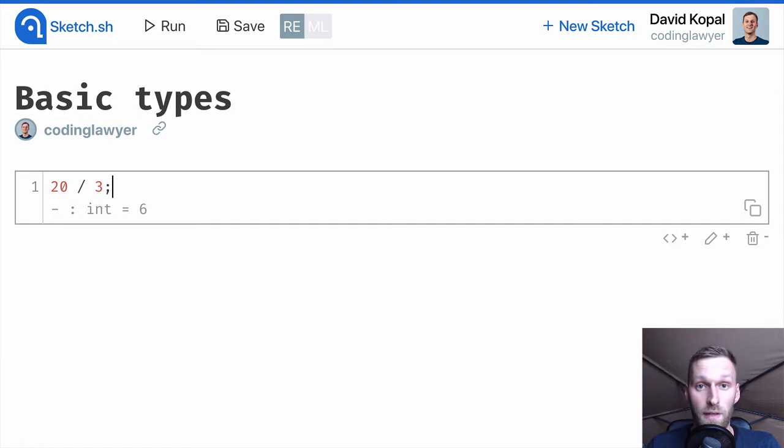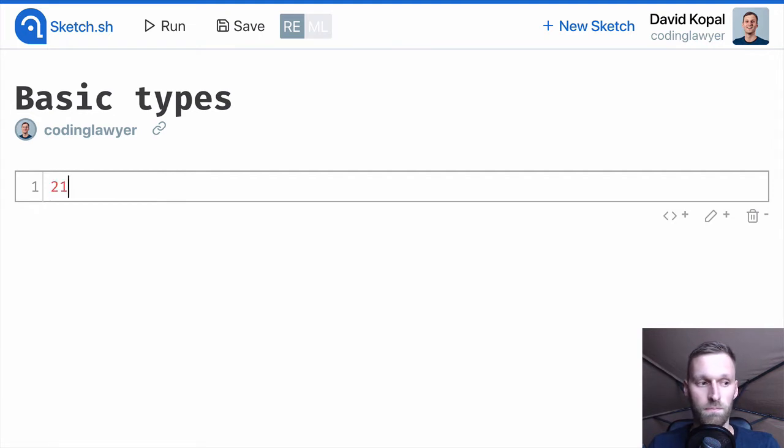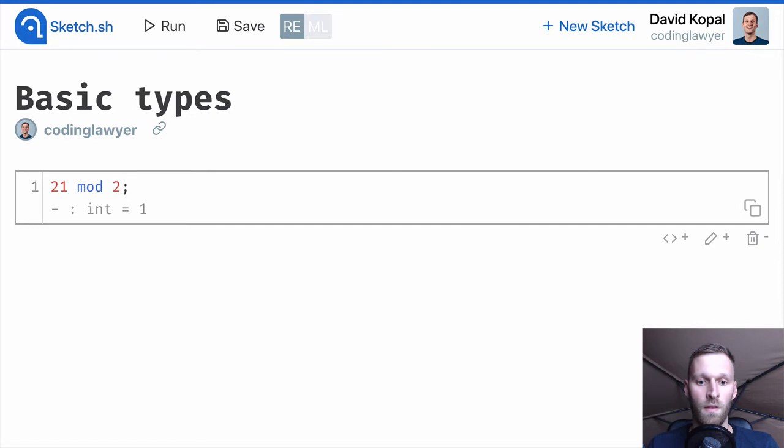Another important operator is modulo. Let's take a look at an example. The modulo operator computes the remainder of the integer division. So here, 20 is divisible by 2, so the remainder is 0, and that's what we got back.